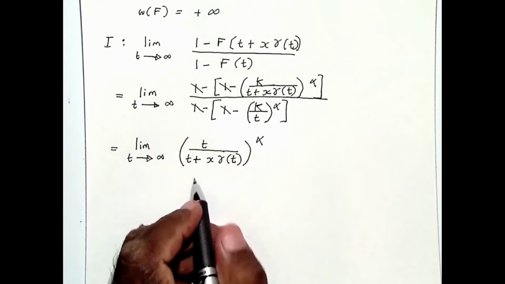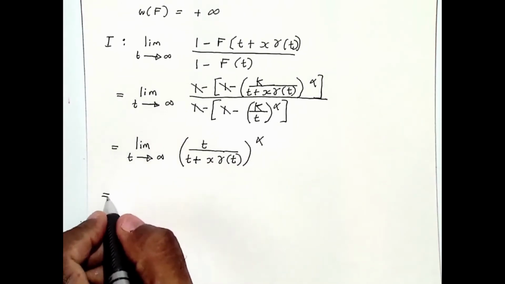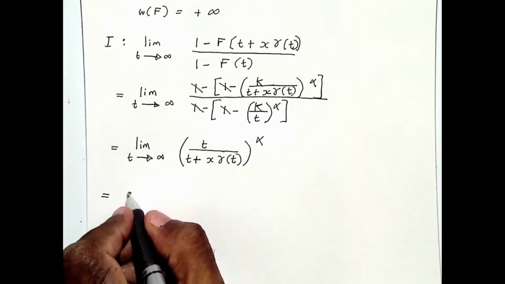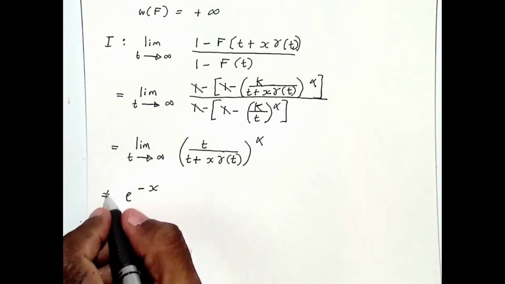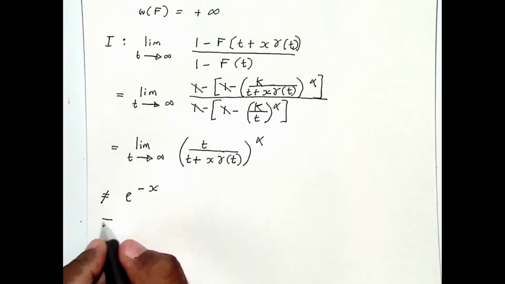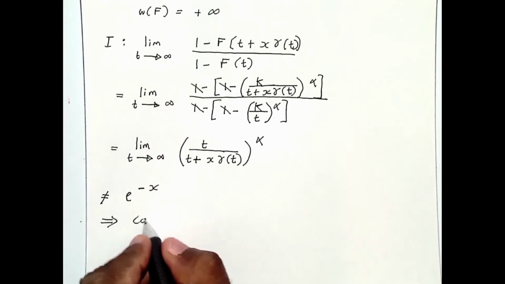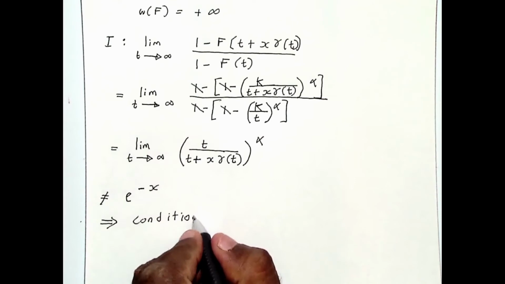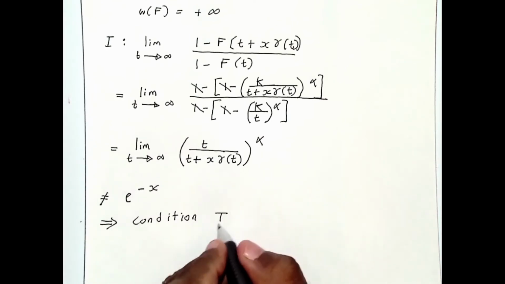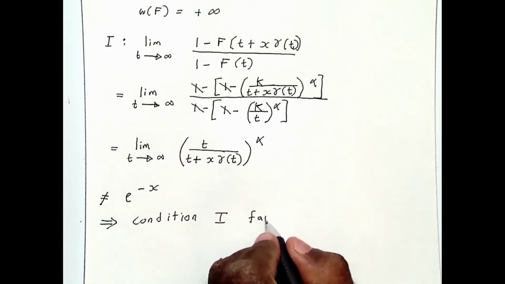Now, there's no way that the limit of this is going to be equal to e to the minus x. So the conclusion is that condition 1 fails to hold.